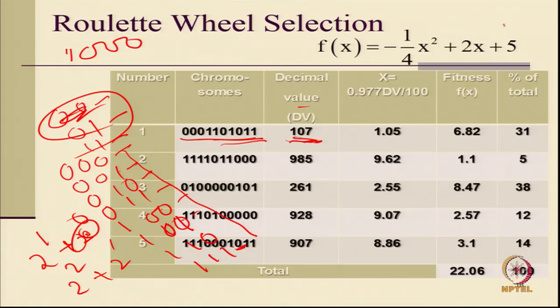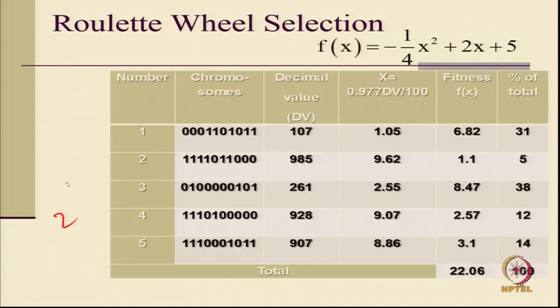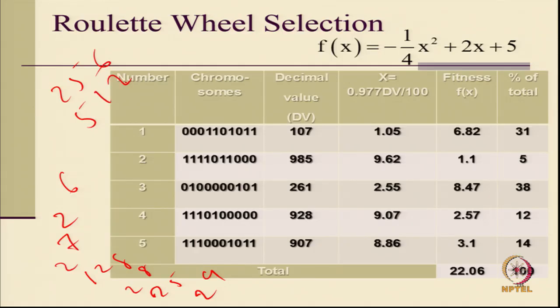If I have 2 to the power 4, that is 16, 2 to the power 5, 32, 2 to the power 6, 64, and 2 to the power 7, 128, 2 to the power 8, 256, and 2 to the power 9, 512, and 2 to the power 10. That is why the 3 digit values I will represent by 10 digits.